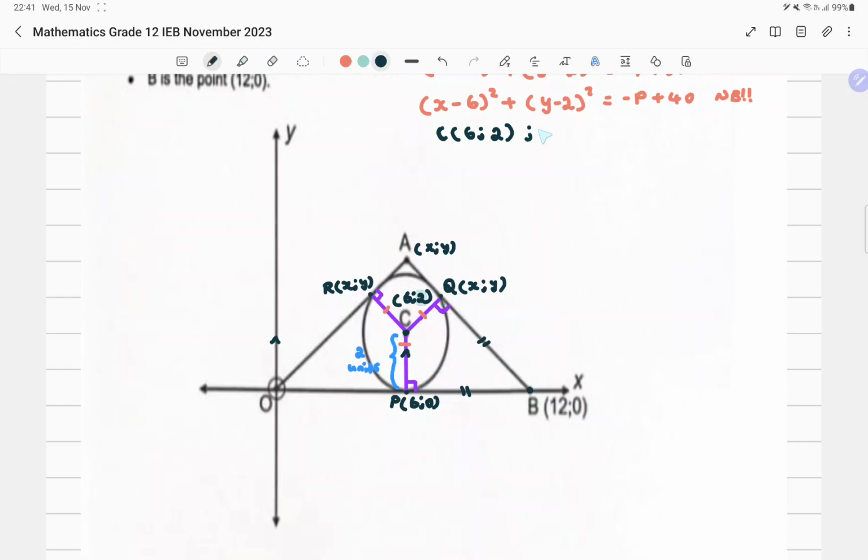From what we could tell here, we can say the radius is equal to the square root of minus p plus 40. But we can tell now that actually it comes out as 2.